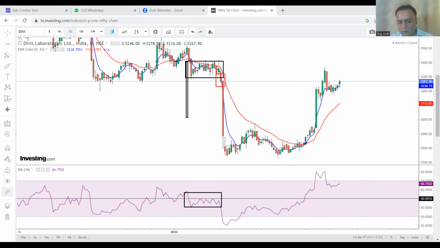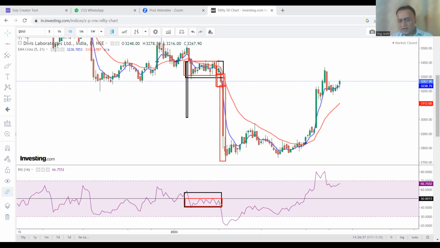RSI is already below the 50 line, so it is not indicating bullish momentum. Price is also on a sideways direction, and finally it crossed. It gave a breakout, breaking the support area, and we received this much of a fall.